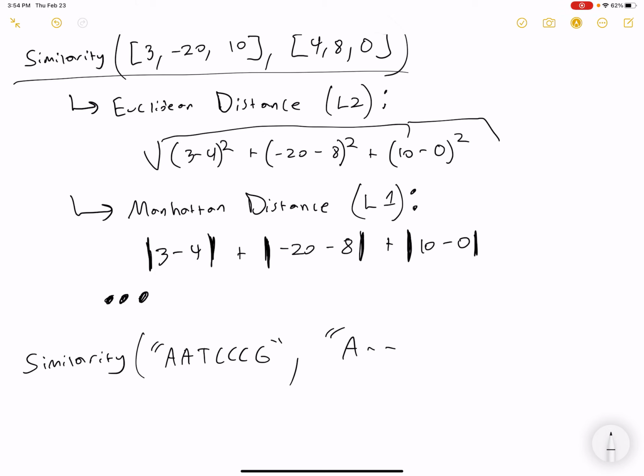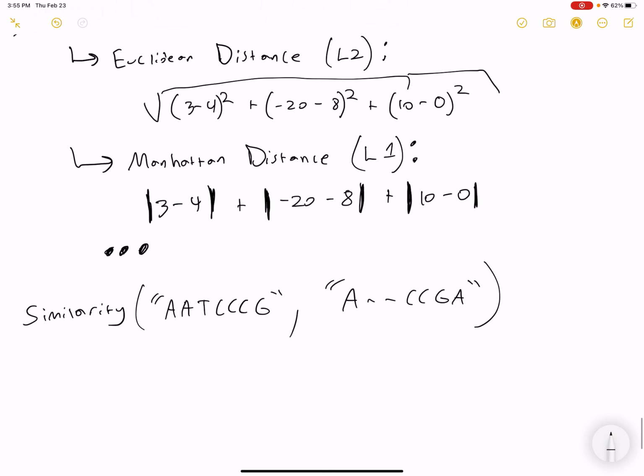Our 4 base pairs. Might have been a while since you've seen that. But just a tangent, that's how we represent DNA, and it's a string, and you can imagine representing A as a 0, T as a 1, C as a 2, G as a 3, so that's an easy way to convert it into a vector representation.